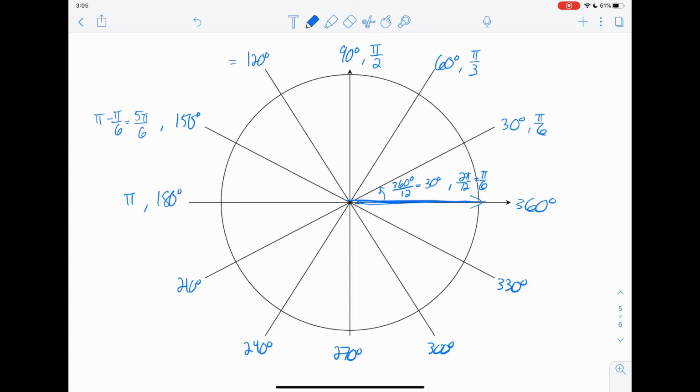120 could be thought of as maybe a quarter of the pi plus a pi slice. And if you did that, you would end up with 2 pi over 3.